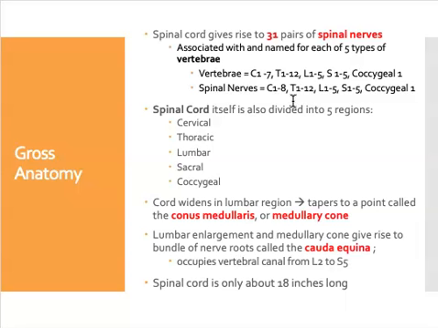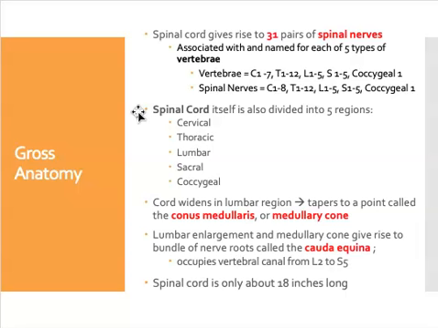So the spinal nerves are named for the same types of regions that the vertebrae are named for, and the spinal cord itself is also described as having those 5 regions. The cord itself has a cervical region, a thoracic, a lumbar, a sacral, and a coccygeal region.